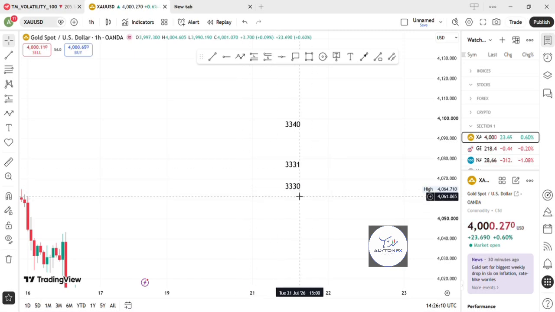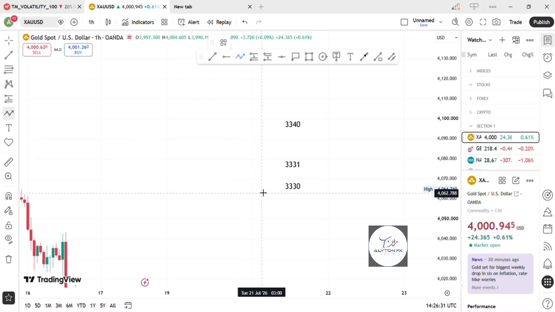Let's say for instance the initial price you want to buy XAUUSD at is 3330. So you bought XAUUSD at this point, and it goes to this point.